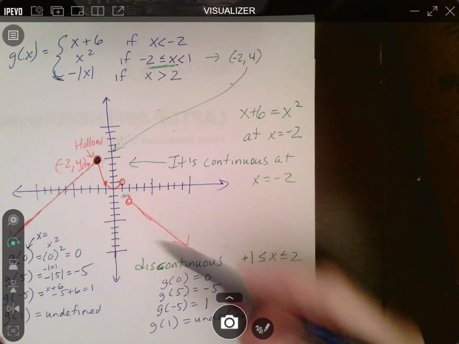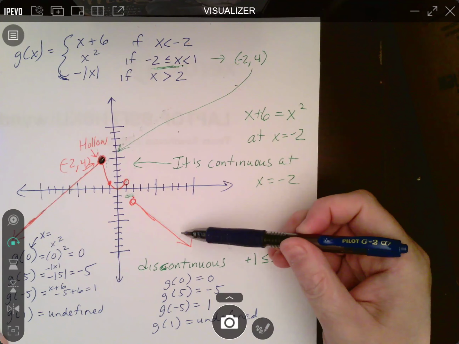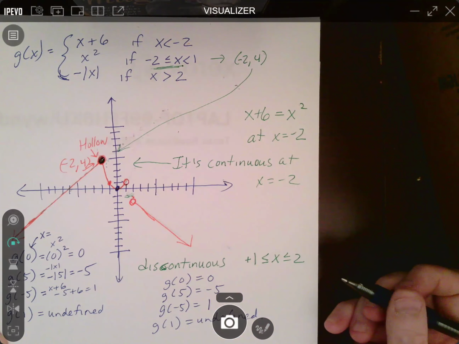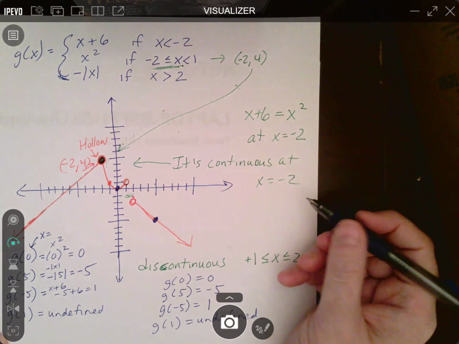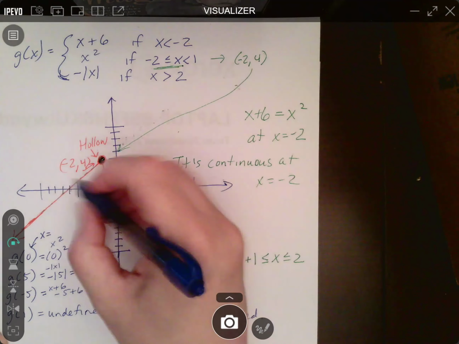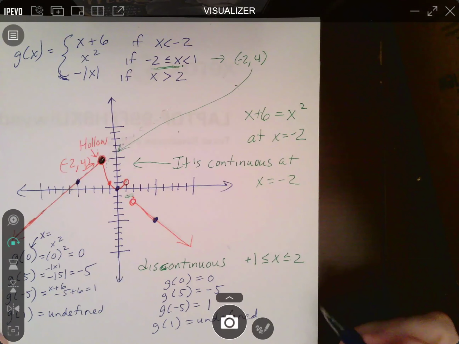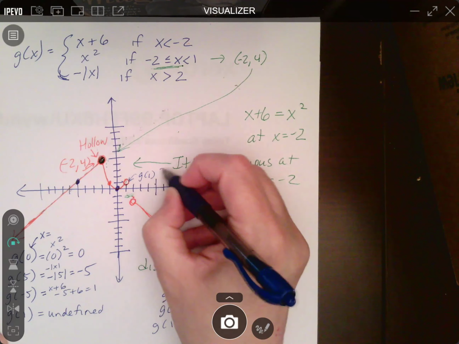Now, we had already drawn the graph, so we can see all these values there. G of 0 is right there. G of 5 is right here. G of -5, had I done a good graph, well, it's not bad. It's right there. And g of 1, nope, it's hollow.